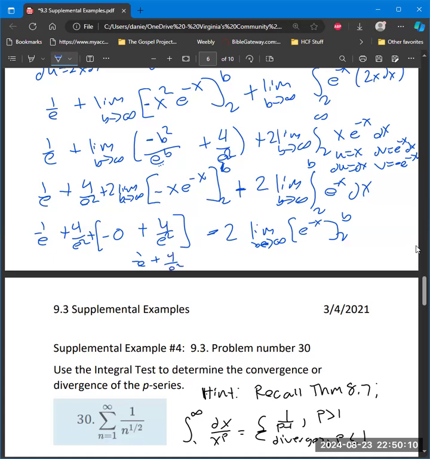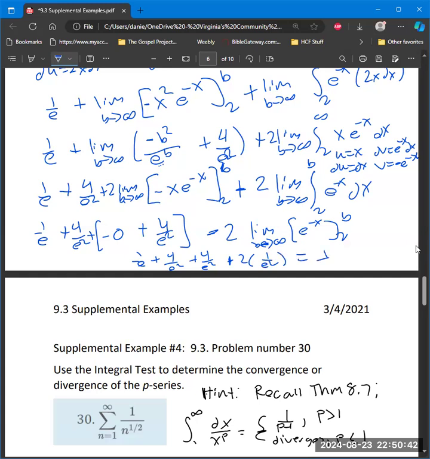That's a 2 times that 2 is 4 plus another 4 over e squared. And then this is minus 0 minus 2 over e squared.